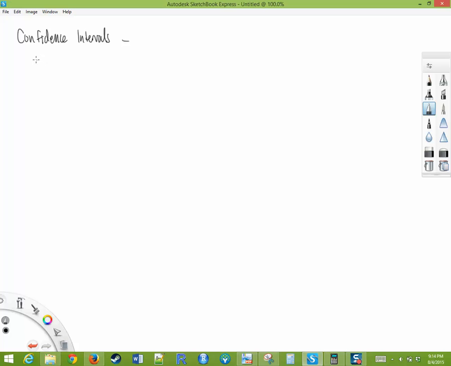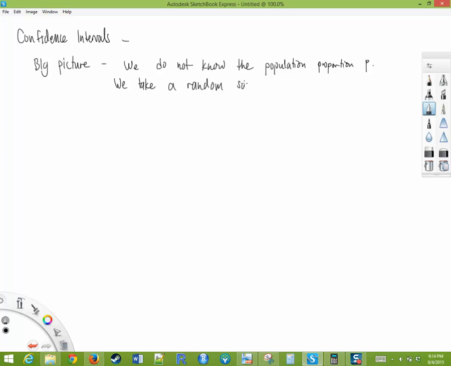So here's the big picture. We do not know the population proportion P. We take a random sample of size n.